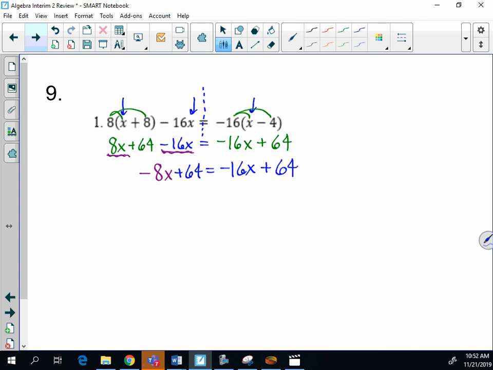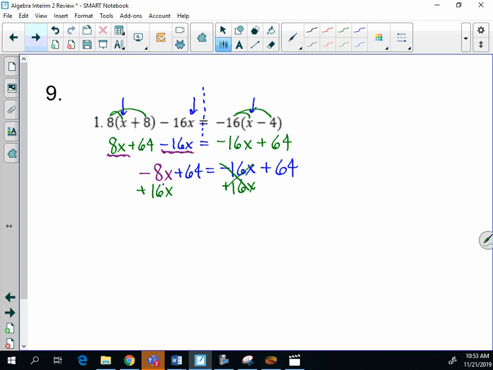So looking at this, my variable terms are not the same. So even though my constants are the same, my variable terms are not. So I do not have a special situation here. I just need to go about finishing solving. I will get my variable terms together. You could either add 8x to both sides or add 16x to both sides. Either one will work.